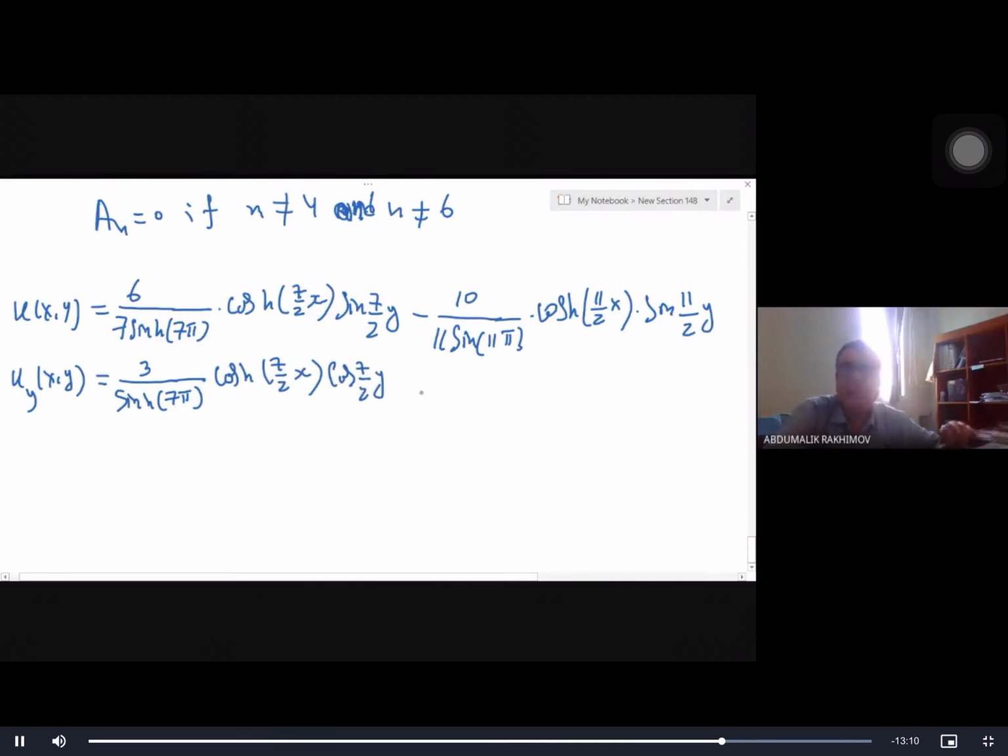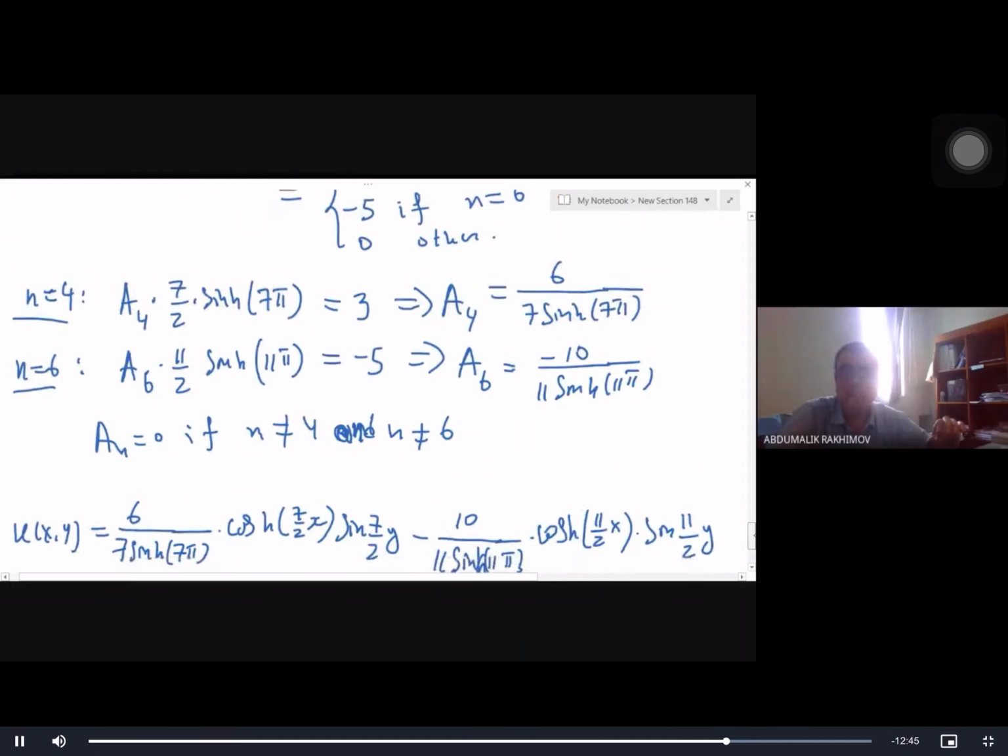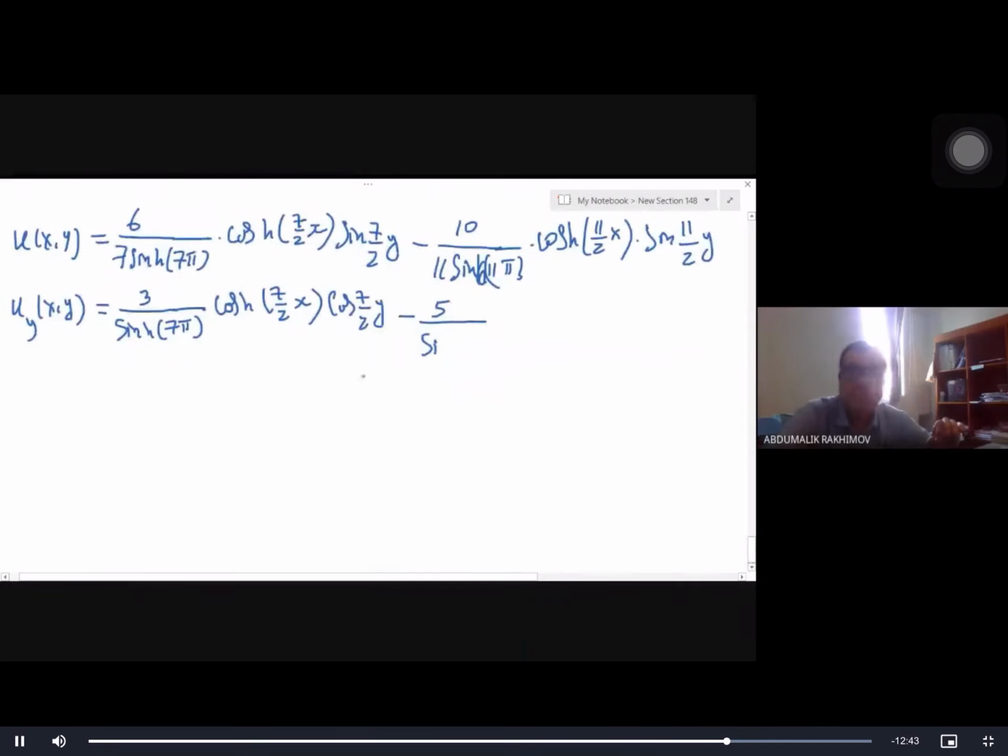Clear? Now the next term, the derivative of sine 11/2 y. When you find the derivative, 11/2 comes out, then it will be minus 5 over sine hyperbolic 11 pi.